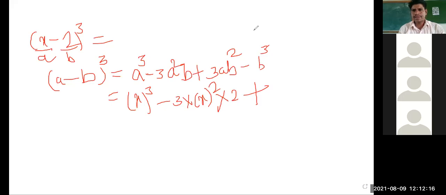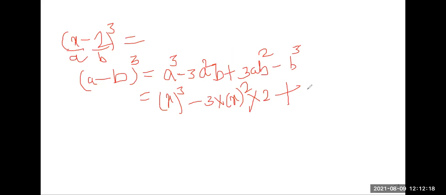Plus 3 into a, which is x, into 2 square, and minus 2 cube. Getting it?